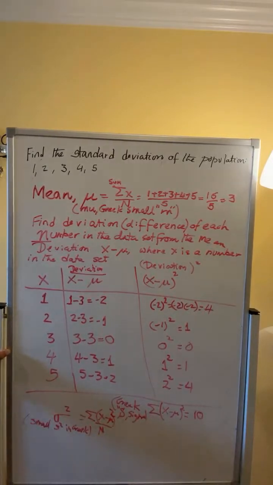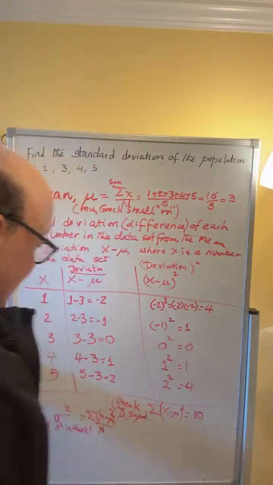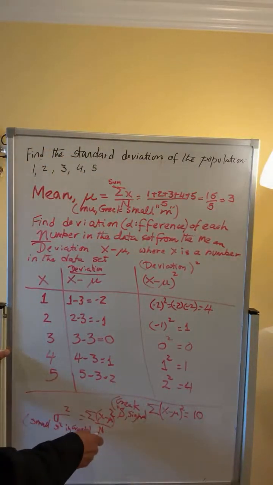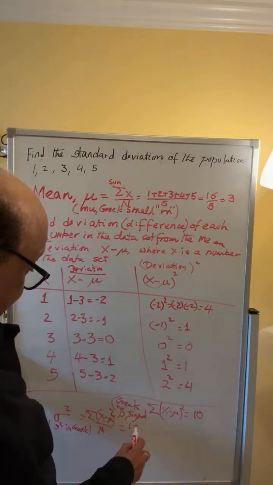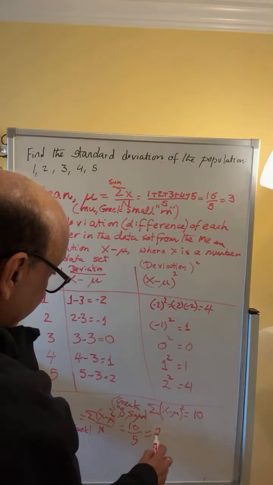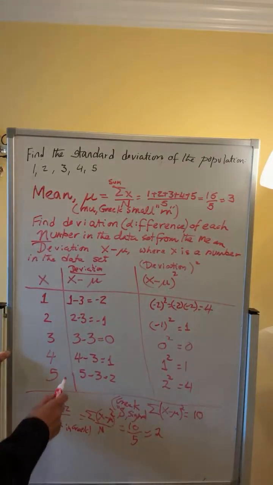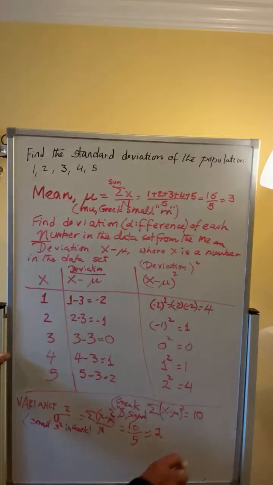So variance is like the average of the squares of the deviations from the mean. It's an average because you're dividing by the population size, which is 10 divided by 5, which is 2. So again, variance is the square of the standard deviation. It's an average of the squares of the deviations.